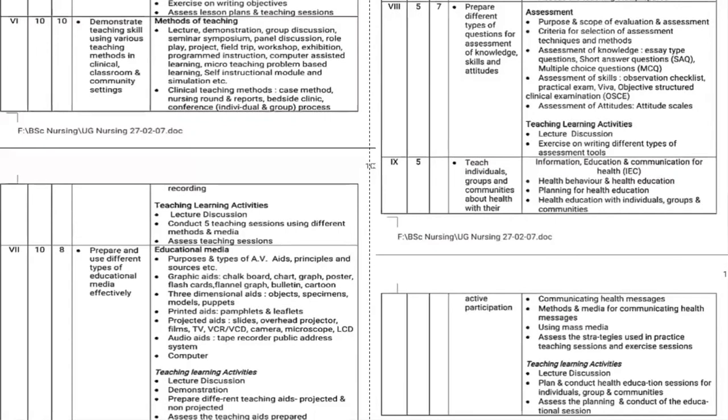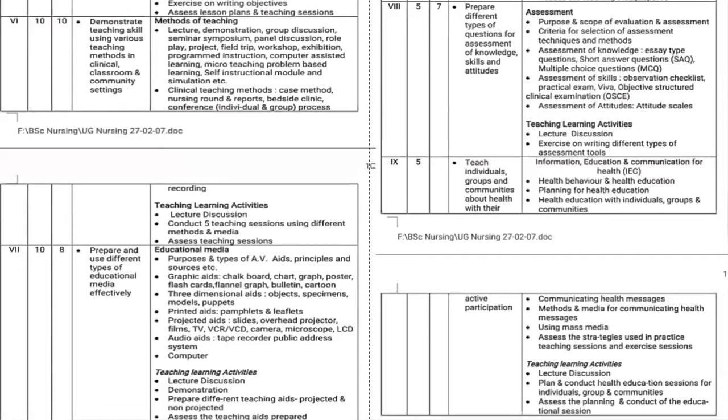That is the unit on methods of teaching, using different methods of teaching. There are classroom methods and clinical methods. Classroom: lecture method, demonstration, group discussion, seminar, symposium, panel, program, computer, and SIM, self-instruction module.